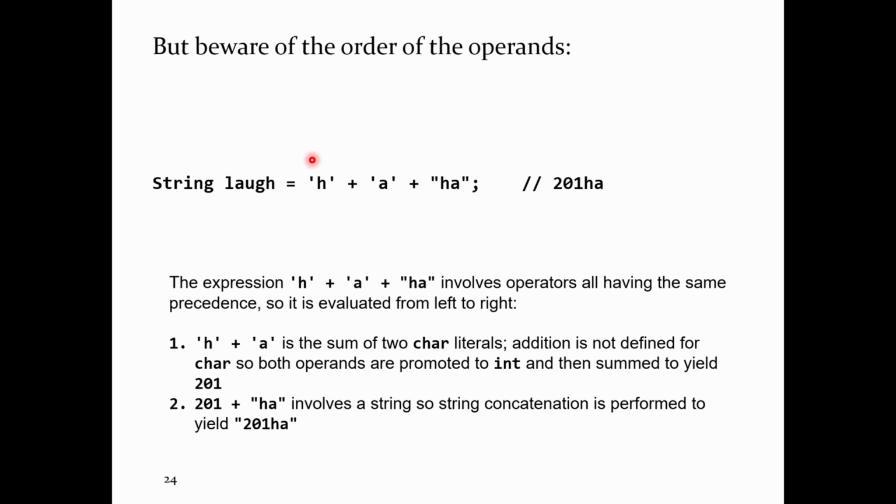So if you wrote empty string plus H plus A plus "HA", everything would be fine. A cast here doesn't work. Occasionally, I will see a student try to cast a char to a string. That doesn't work. You can't convert a primitive value to a string using a cast. To convert a primitive value to a string, use the empty string and concatenate the value.